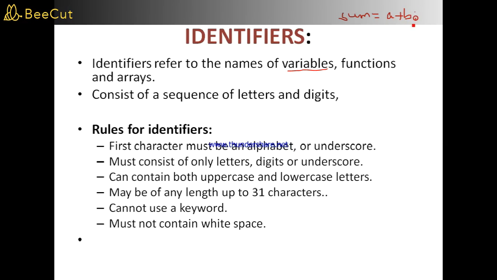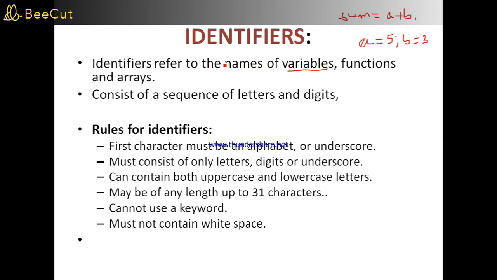I hope you know that in high school you used to represent the value of a as 5. Assume the value of a is 5 and the value of b is 3. These values 5 and 3 are stored in variables a and b, and we are applying them here.